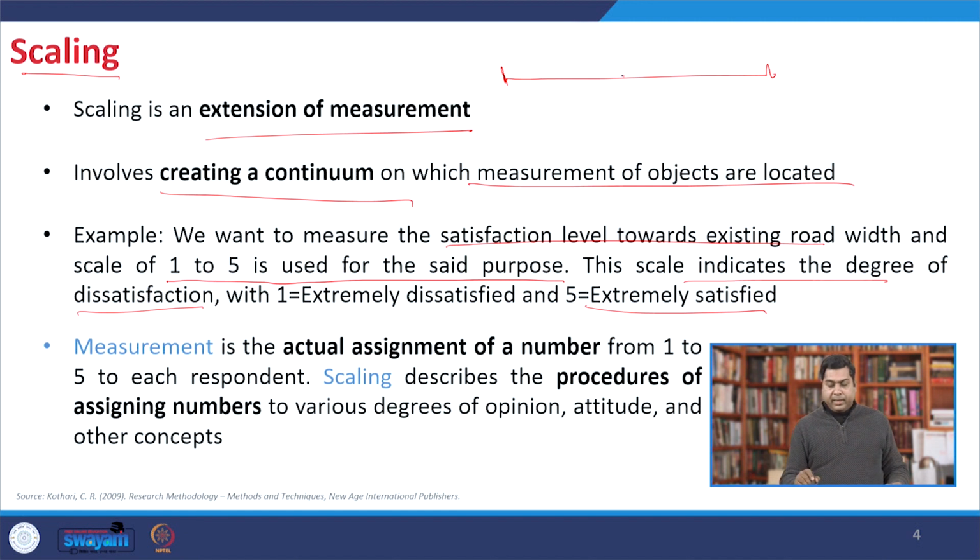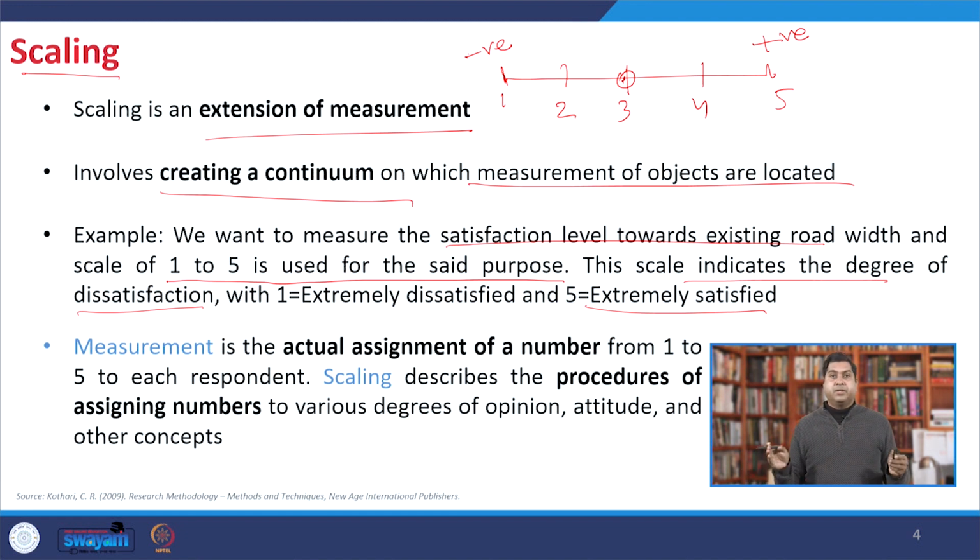In between there are other values: 2, 3, 4. So here one end is negative, totally dissatisfied, and in this case the other end is extremely satisfied.